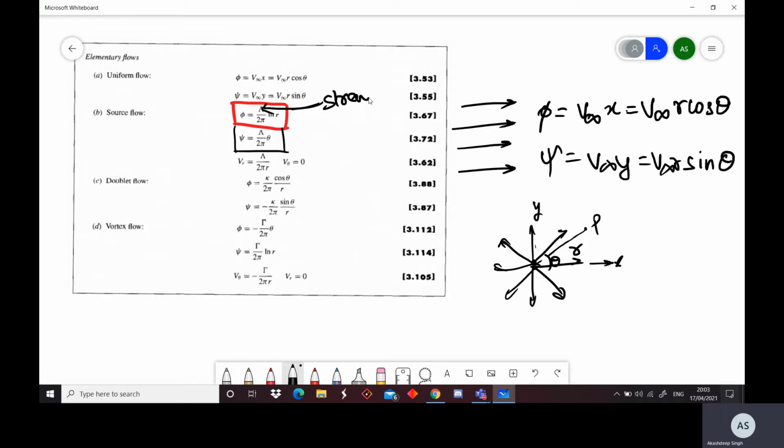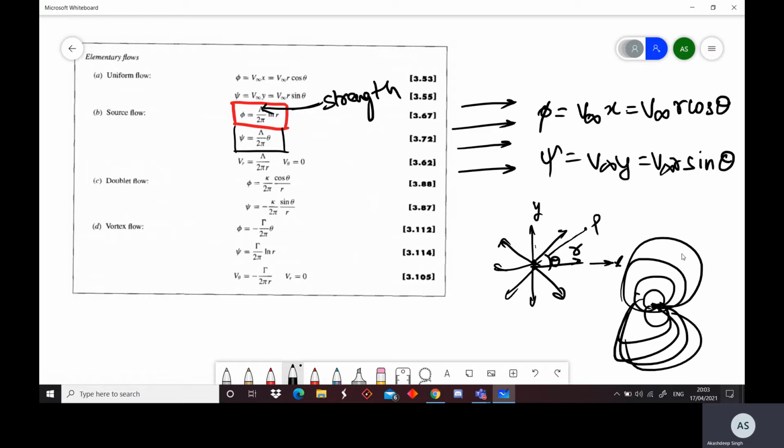Now talking about the doublet flow, if you have two sources really close to each other, similar to the dipole analogy, something like this, it is going like this, like this, and it is making a doublet.